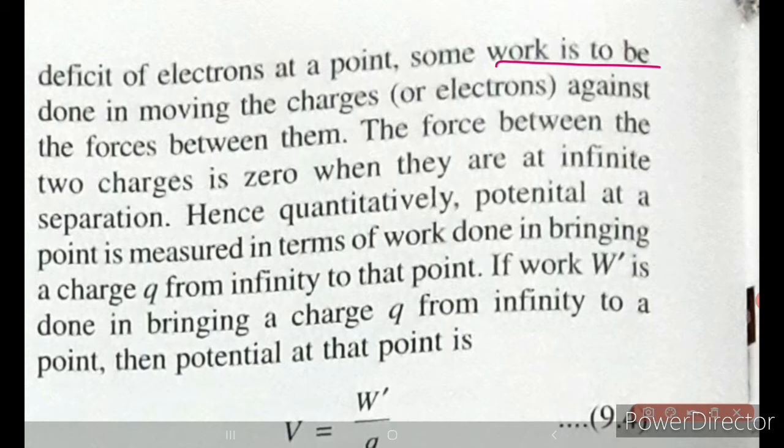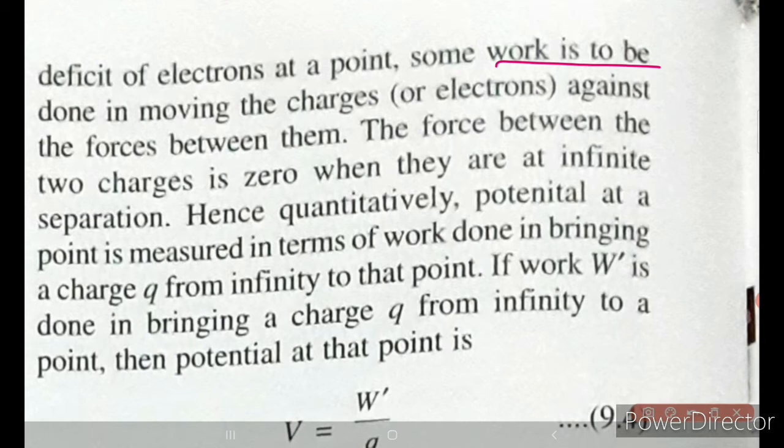When work is done, two things are involved: one is distance, the other is force. So we need to apply force to move one electron from one point to another point. The force between two charges is 0 when they are at infinite separation.